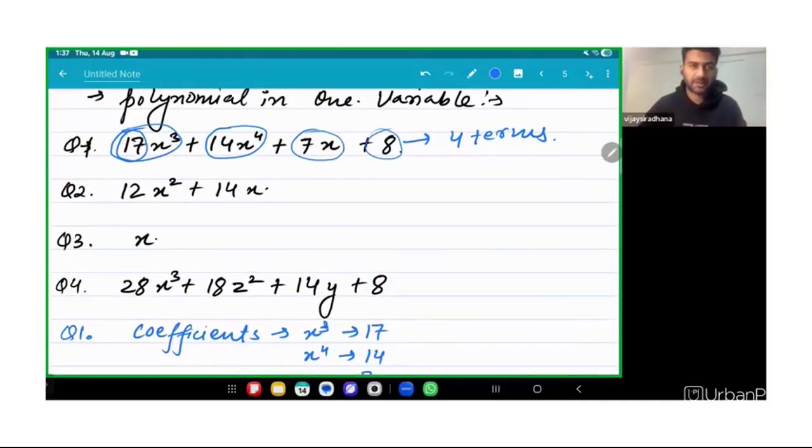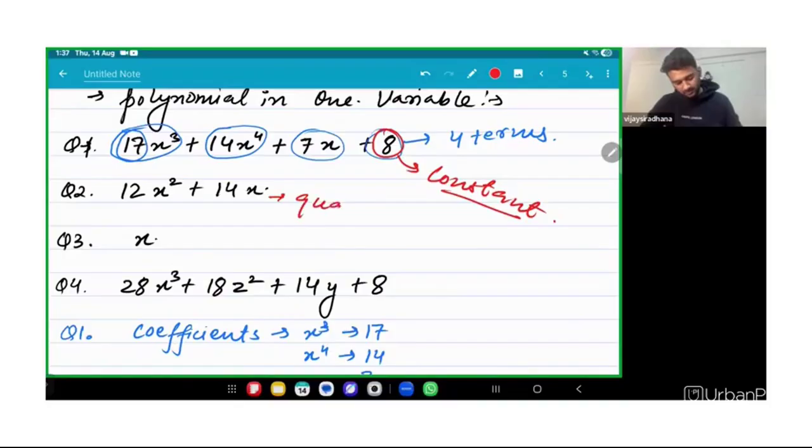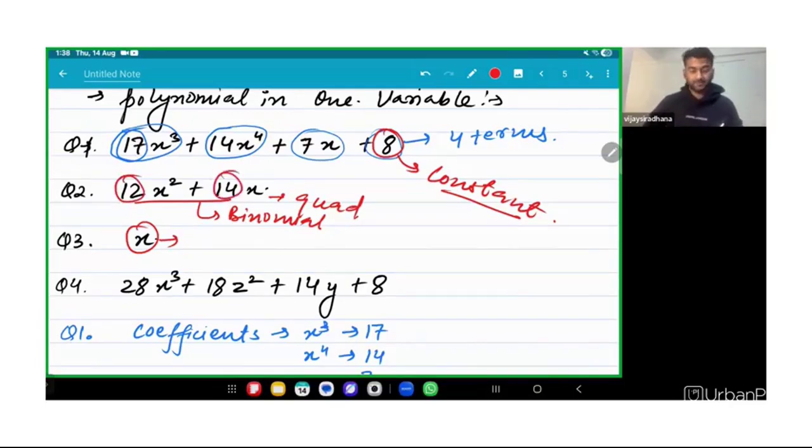And then we can solve it. What is the constant? The constant is 8. In this one, this is a quadratic equation. This is a binomial. The coefficient of x square is 12. The coefficient of x is 14, right?